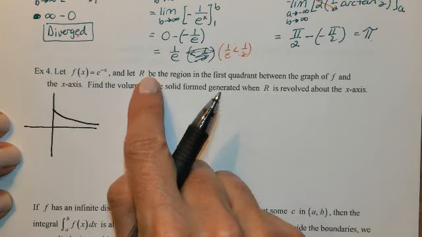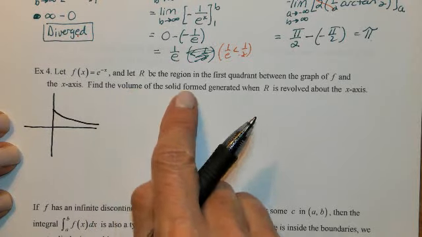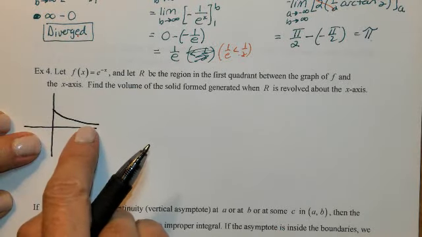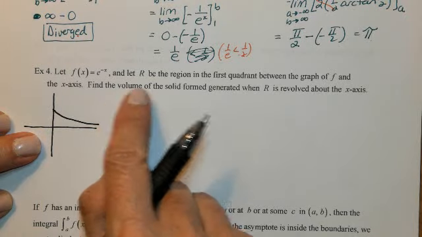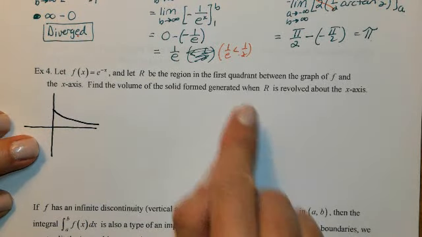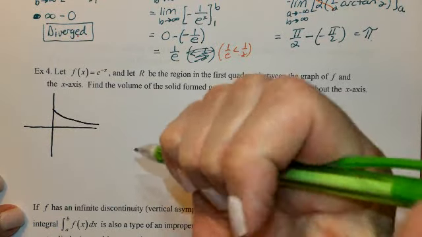Find the volume of the solid. So R is the region between the graph and the x-axis. Find the volume of the solid formed when R is revolved around the x-axis. I'm grabbing a little pencil here.